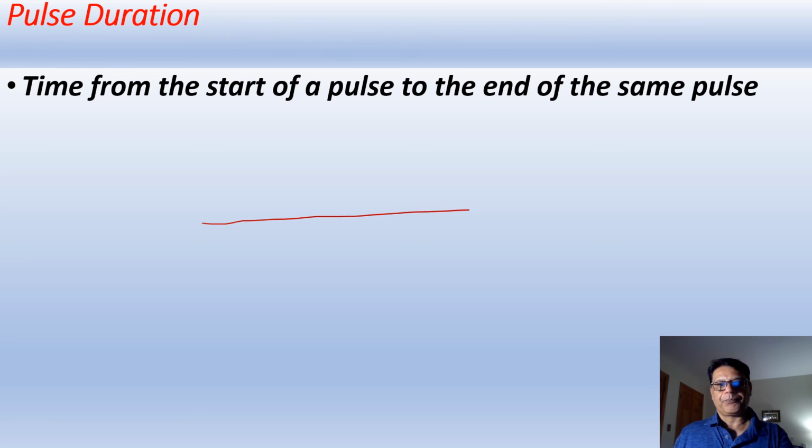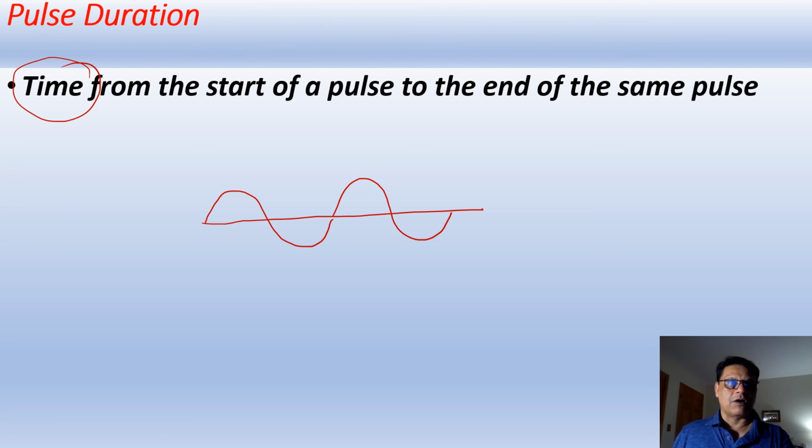Remember, this is our pulse, and this is time. Pulse duration is the time from the start of the pulse to the end of the same pulse.